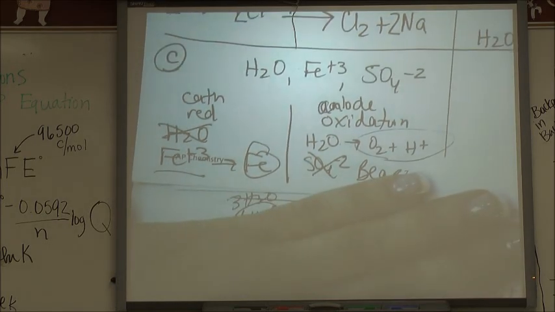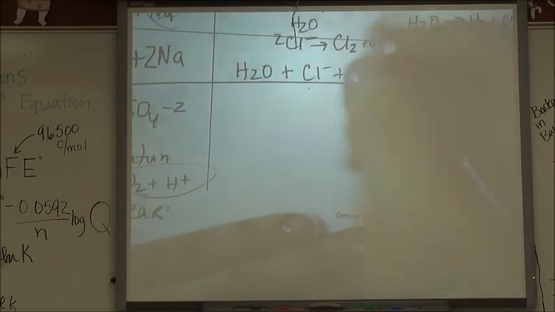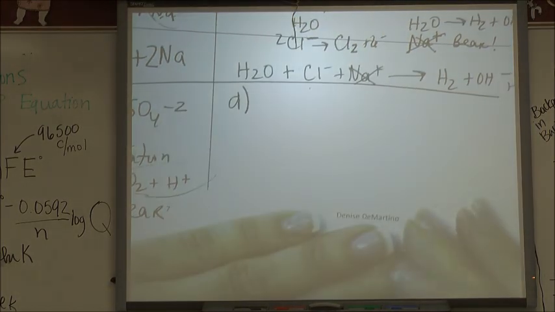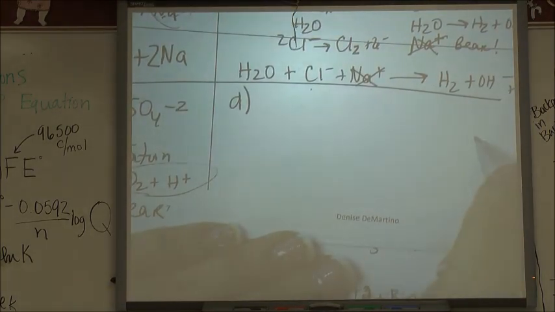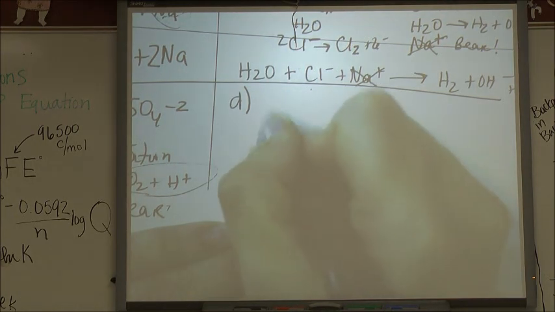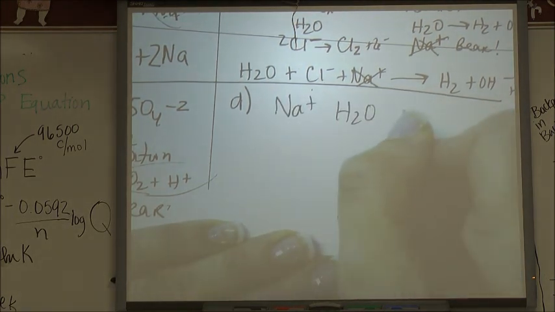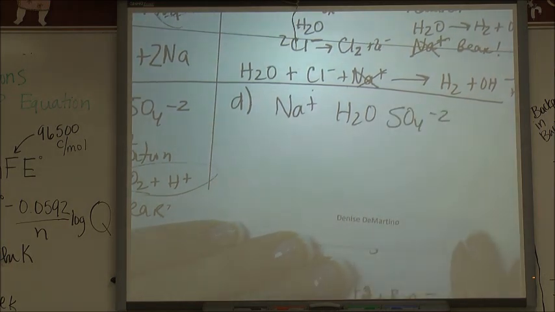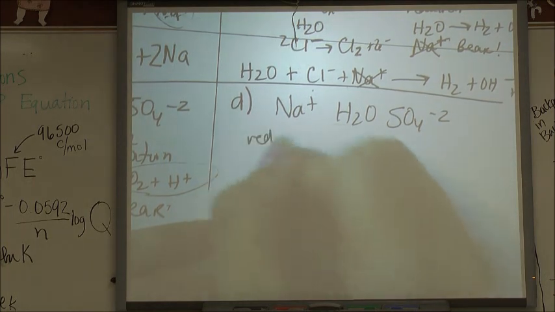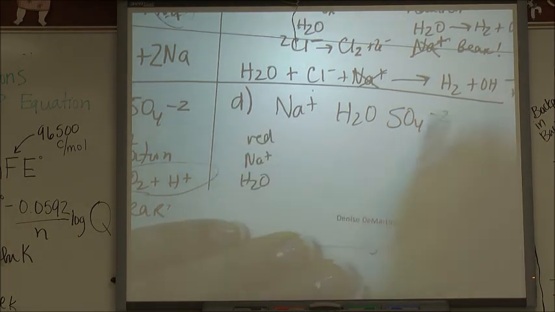All right, D is the last one. Aqueous sodium sulfate. What do we write? Water, Na+ and sulfate. All right. What two things can be reduced? Na+ and H2O. What two things can be oxidized?